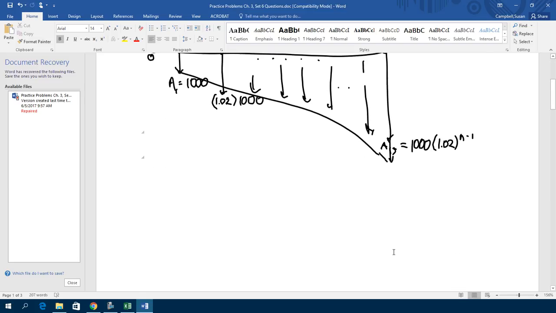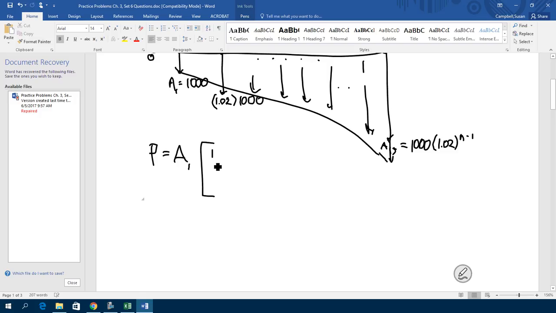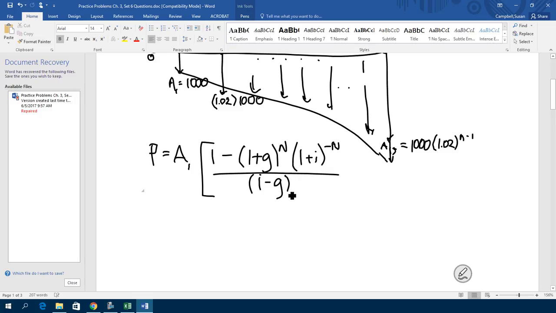This formula is a little more complicated. We don't have interest formulas to look up for this table, so we're going to have to do it the old-fashioned way and solve for P, filling in everything into the formula. So here's the formula. I'll write it out. 1 minus (1 plus g) to the n, times (1 plus i) to the negative n, and i minus g below here.